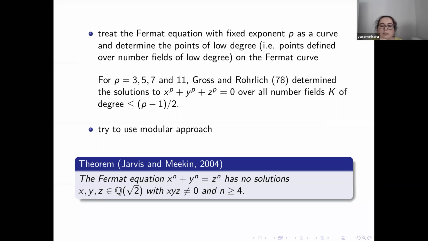And actually, we will see some results where the modular approach is applied to the asymptotic Fermat conjecture. But before starting to state the results, I would like to give the motivation.